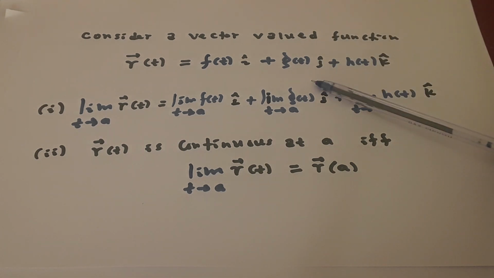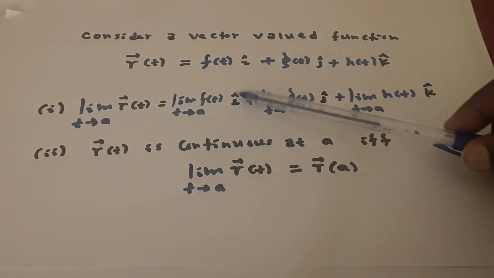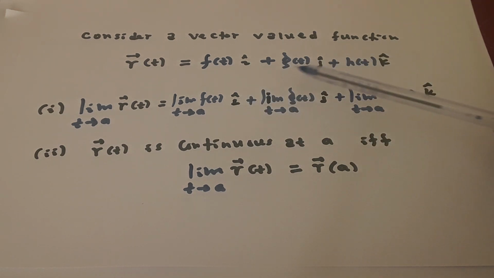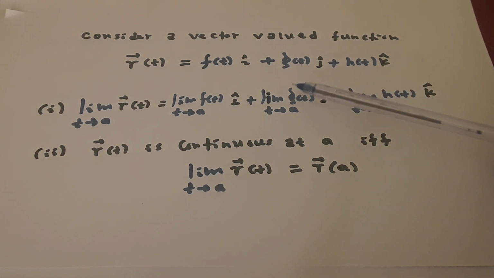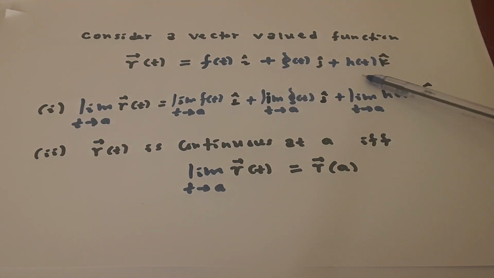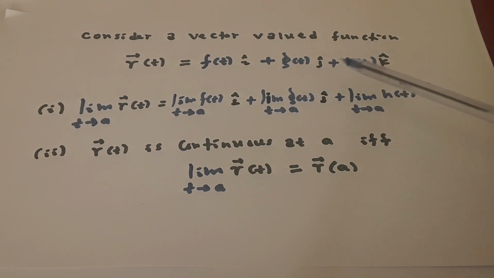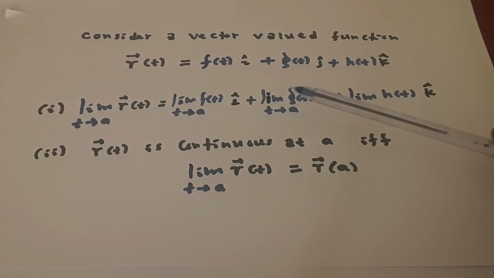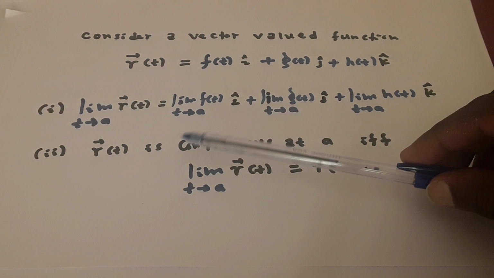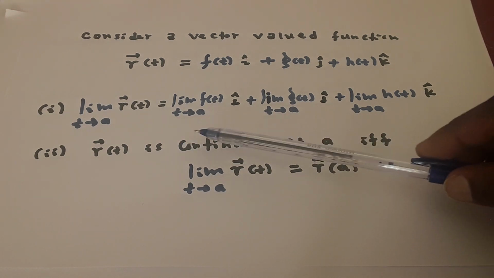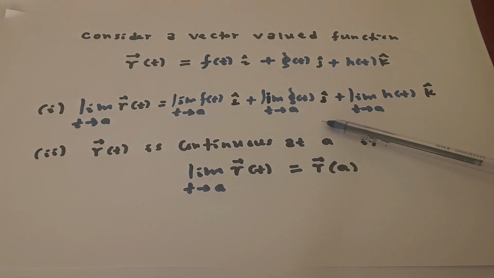This is a three-dimensional vector valued function. We may have two-dimensional vector valued functions; that's just a matter of extension. The limit of this vector valued function is just the limit of the individual components, a component-wise limit.